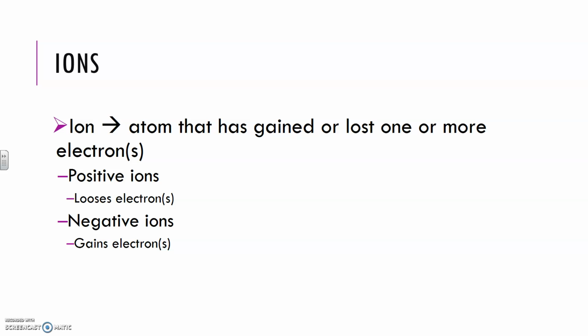And then these both have very specific names. Positive ions are cations. One of my former students actually told me the way he remembers this is that cats have paws, so a positive ion is a cation. Yeah, I'm not the only one coming up with these puns here. And then negative is called an anion.